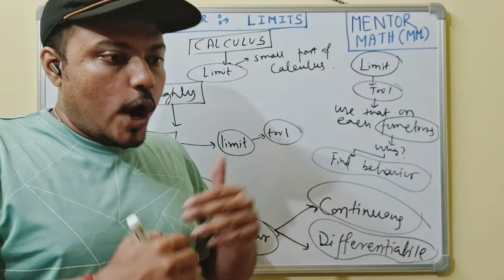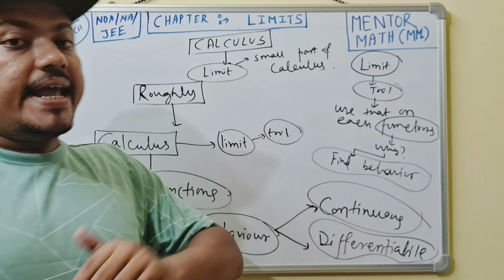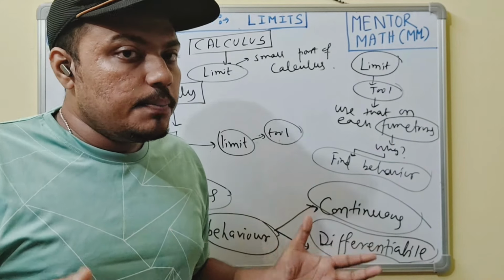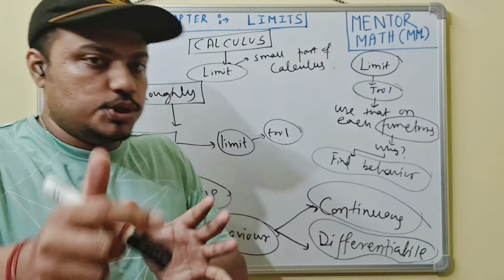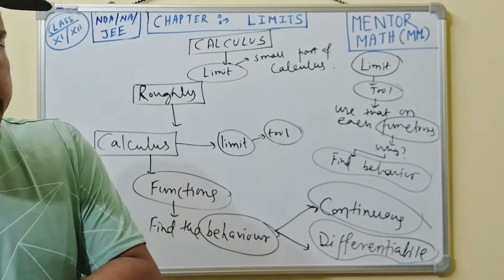Now your job is to check the behavior of each function, so again you have to use your limit tool. Mainly there are two types of behavior we have to check: either the function is continuous or differentiable.